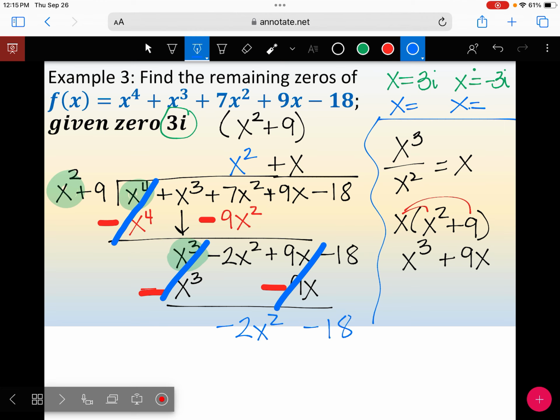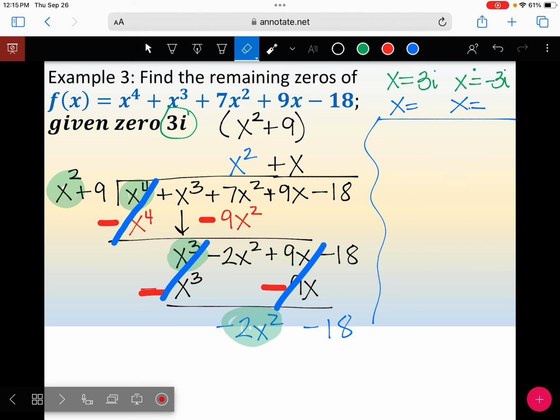So we're going to go to the side one last time. This is now my first term. Go ahead and divide negative 2x squared by x squared, and you get negative 2.